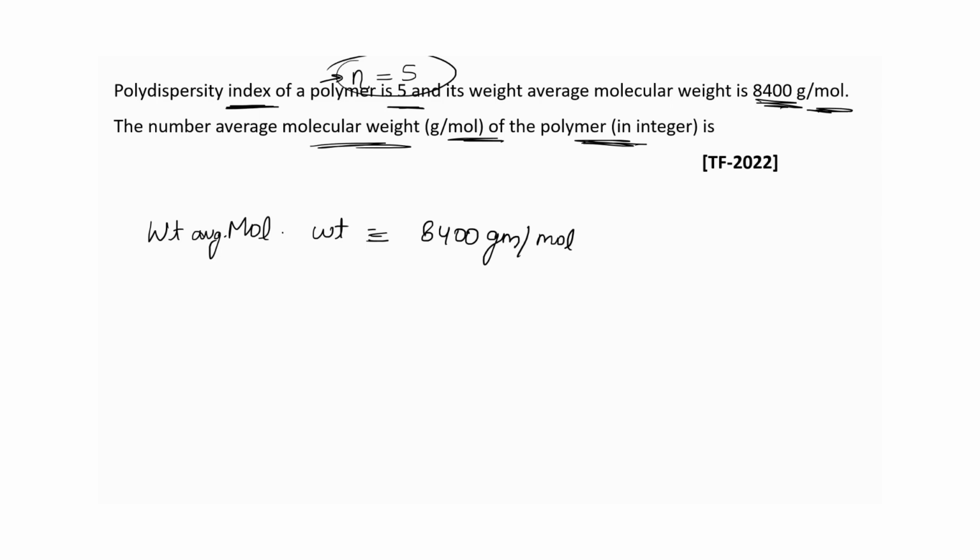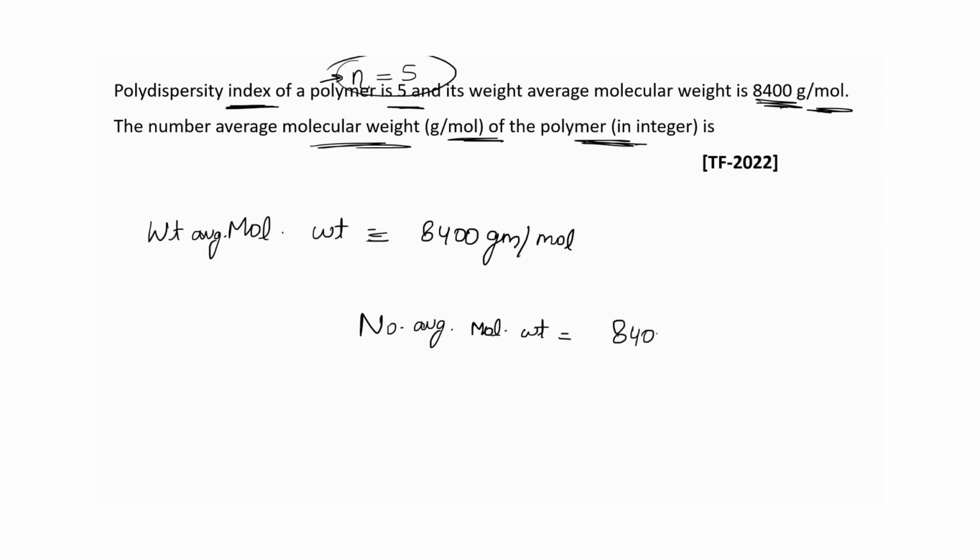If you know the formula, to calculate the number average molecular weight, it is the weight average molecular weight divided by the polydispersity index of the polymer. So it is a very straightforward question. So number average molecular weight becomes weight average molecular weight upon polydispersity index.